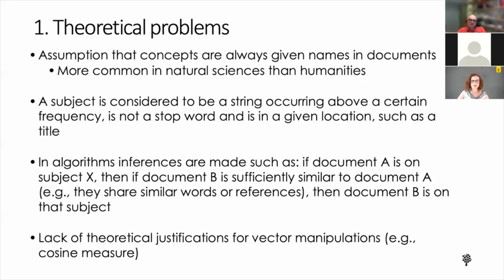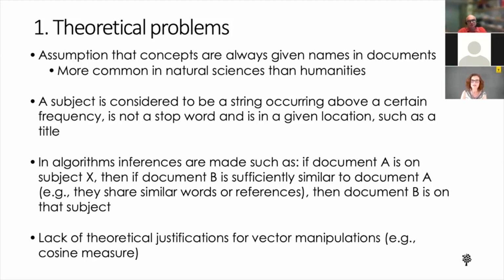We start with the assumption that concepts are always given names in documents, which is certainly more common in natural sciences than humanities, where language is often on purpose metaphorical, which presents problems for automation.